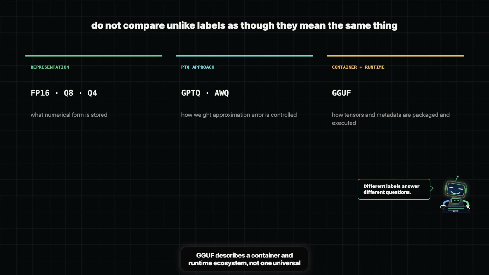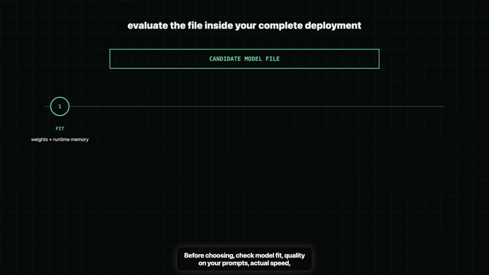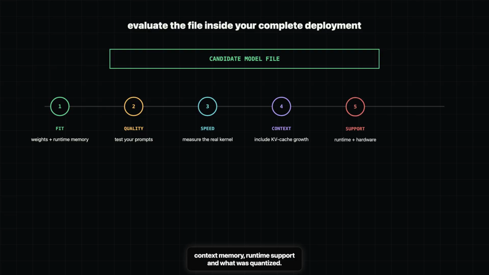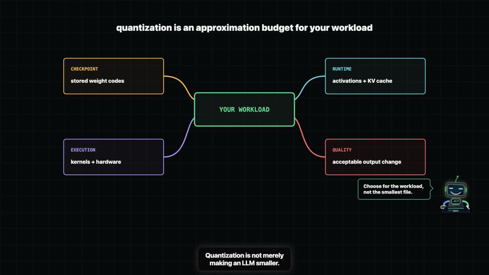GGUF describes a container and runtime ecosystem, not one universal quantization method. Before choosing, check model fit, quality on your prompts, actual speed, context memory, runtime support, and what was quantized. Quantization is not merely making an LLM smaller. It is choosing which numerical approximations your complete workload can afford.